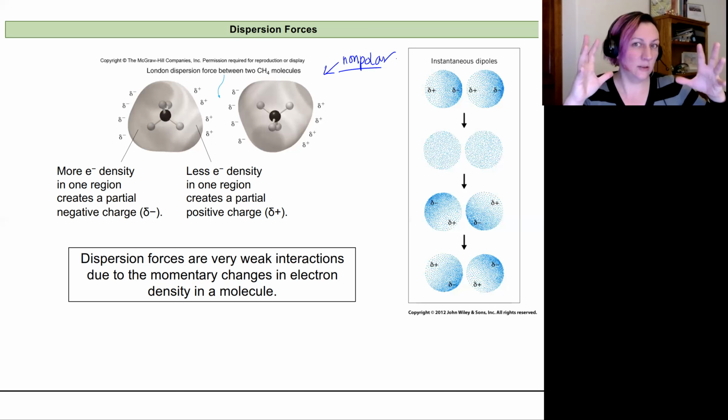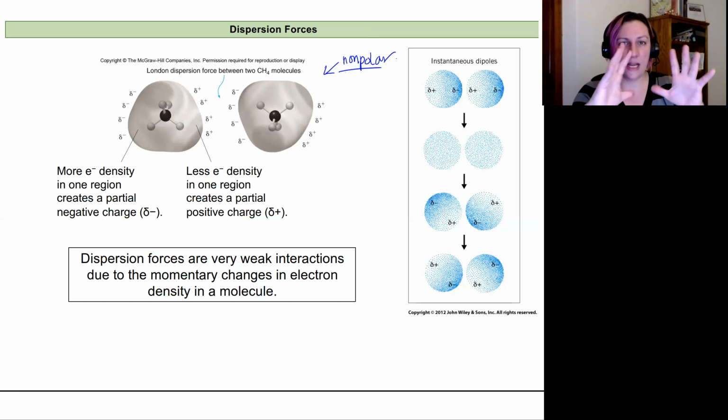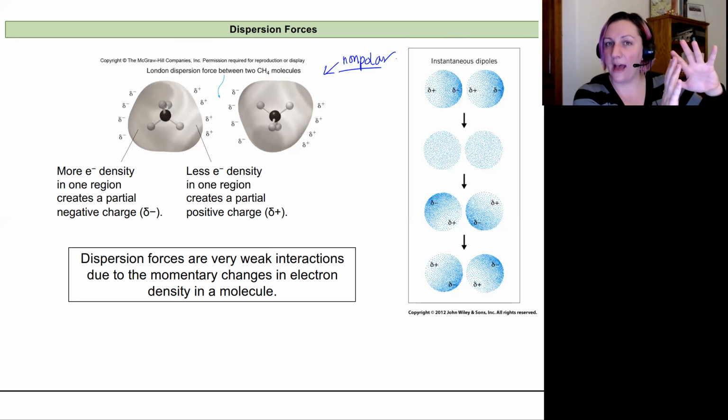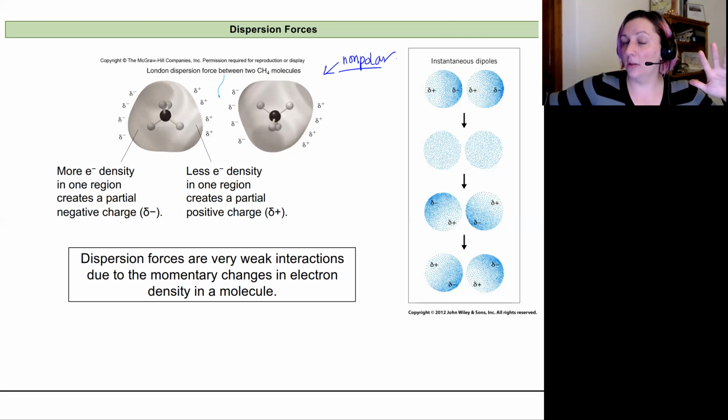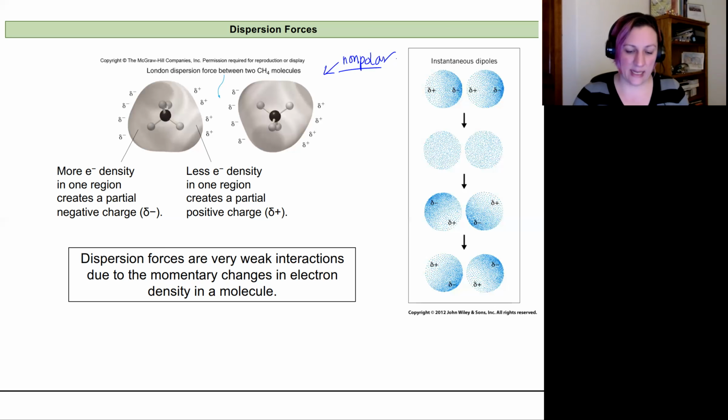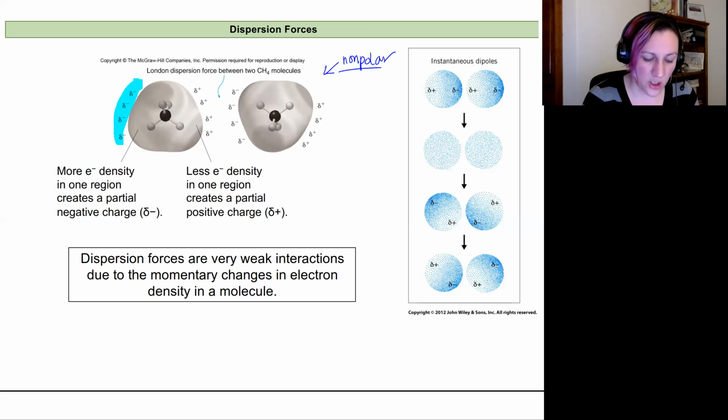As they come together, the electrons in the particles shift around. The electrons become a little bit more likely to be found away from that other molecule, and that would create a temporary dipole moment, where we have partial negative charge on one side and partial positive charge on the other.